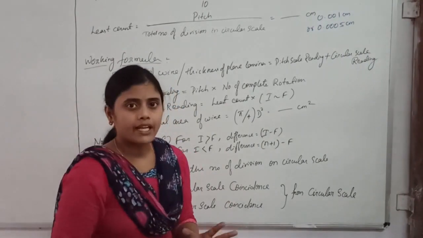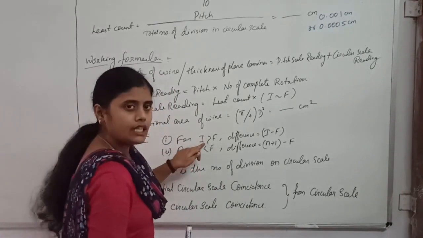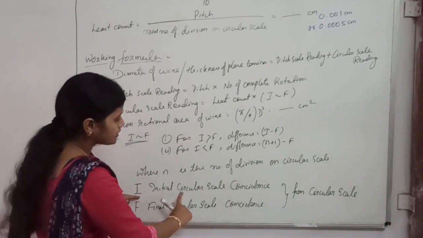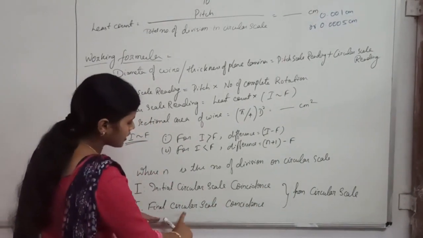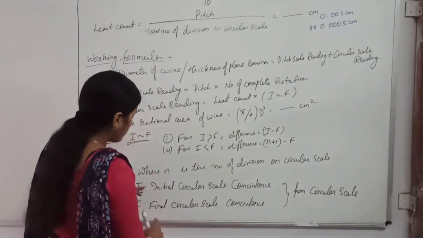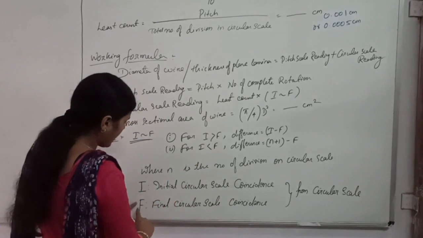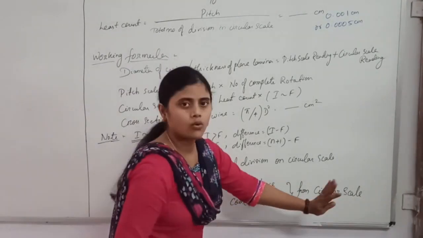It's incorrect. What you have to do, when you measure the initial reading, let me tell you what I is first. I is the initial circular scale coincidence, and F is the final circular scale coincidence. In shortcut, I have shown this as capital I and this as capital F, and both of these will be found from the circular scale.